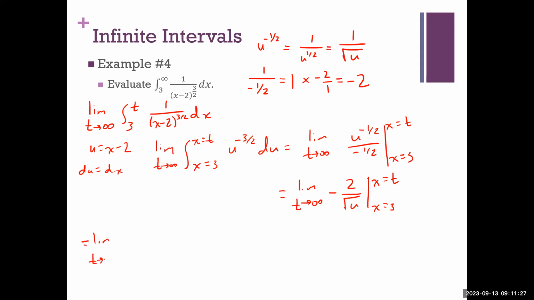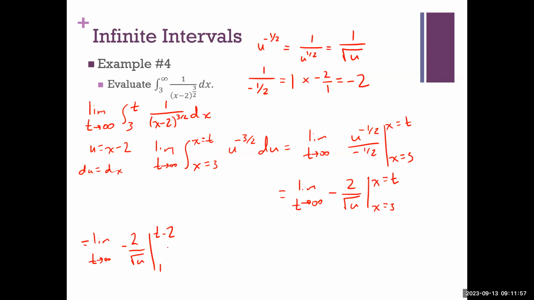So the limit as t goes to infinity of this -2 over radical u from u equals 1. How'd you get that? Plug it into u in terms of x. Okay, so if u equals x minus 2, then if x is 3, then u is 1. What happens to that t? It should be t minus 2, right?